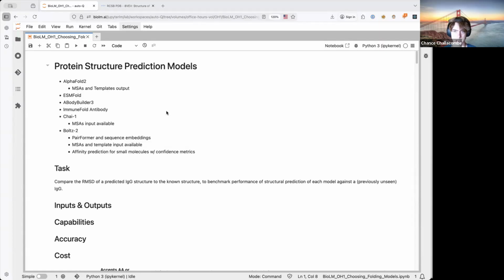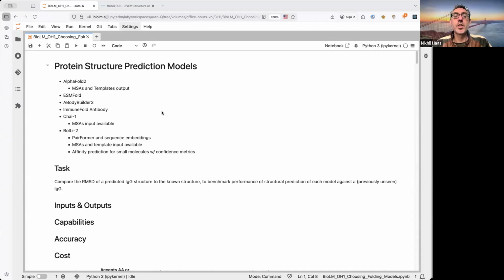So that's a case where, if you have a template or MSA for your target, or potentially even better, in complex with your designed framework, that can significantly improve those confidence metrics as well as the RMSD, and the filters can still be pretty stringent, which is of course better. It might be hard to pass those in though.